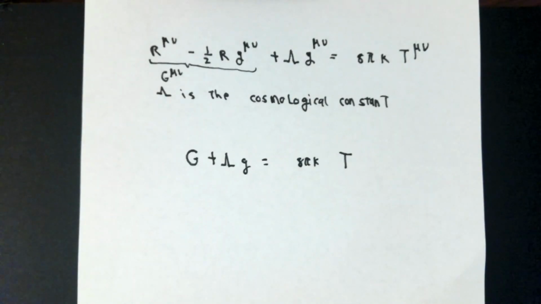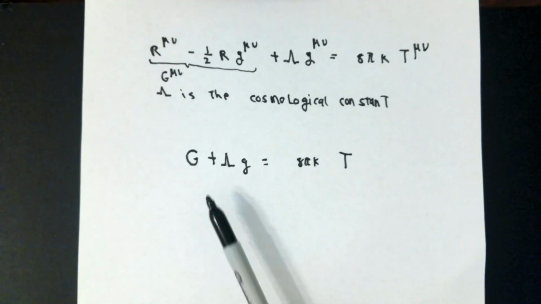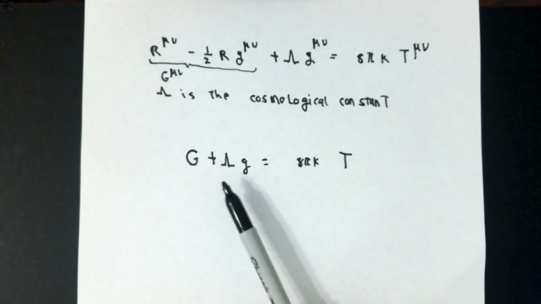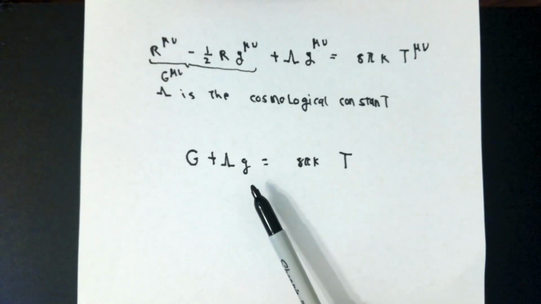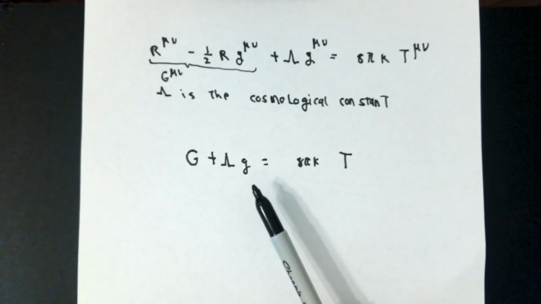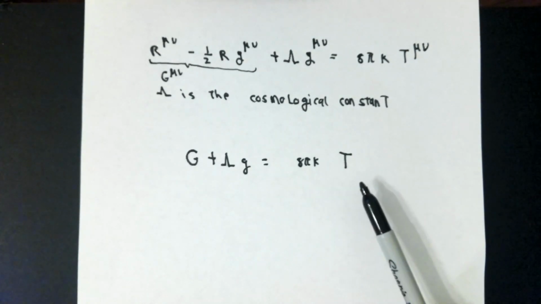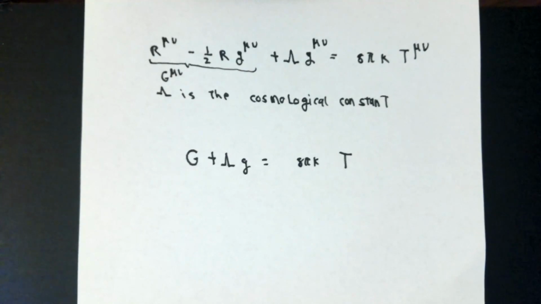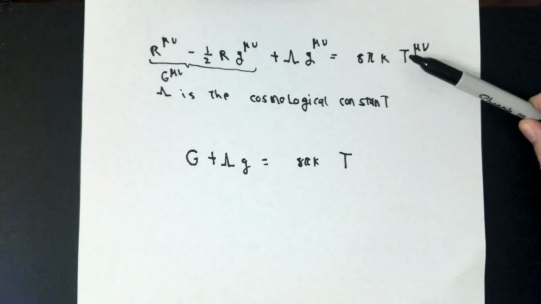If we want to make things as obscure looking as possible, we'll write the name of the Einstein tensor plus lambda times the name of the metric, understanding that it's in the upstairs component form, is a constant times the T tensor. This is very compact and hides very effectively the fact that there are hundreds and thousands of individual terms to be looked at when you look at this equation.